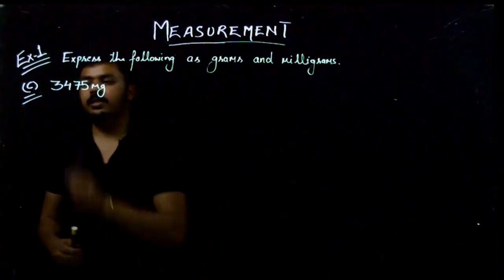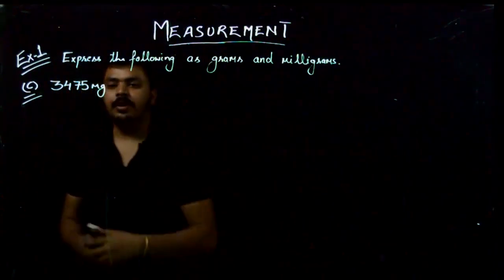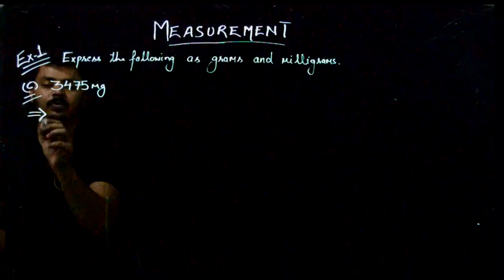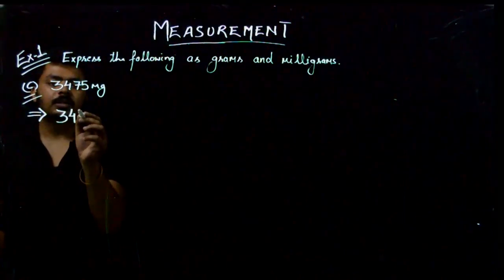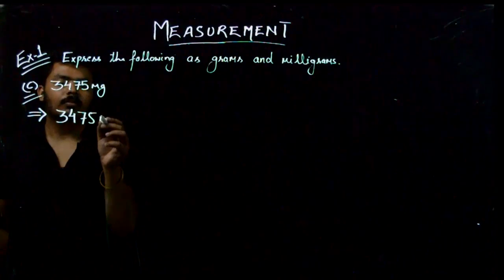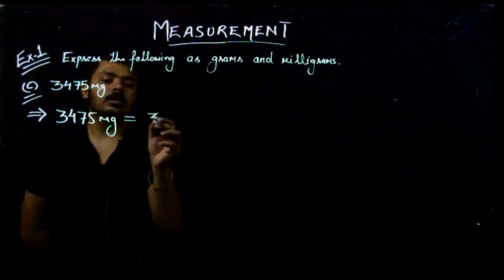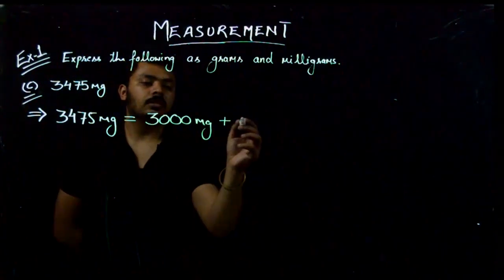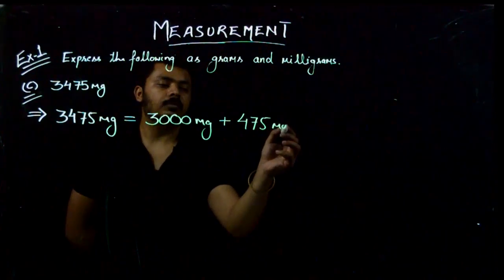Now let's see part C of example 1, 3475 milligram. So to convert it into grams and milligrams, first we can write 3475 milligram as 3000 milligrams plus 475 milligrams.